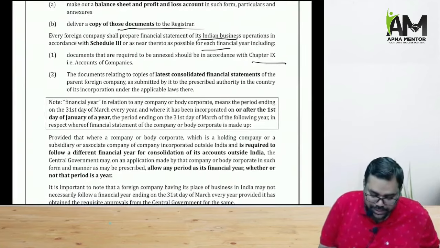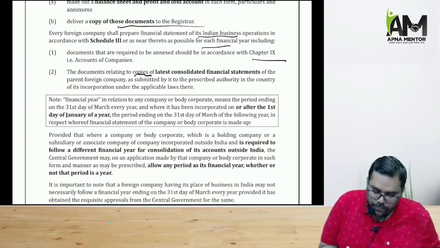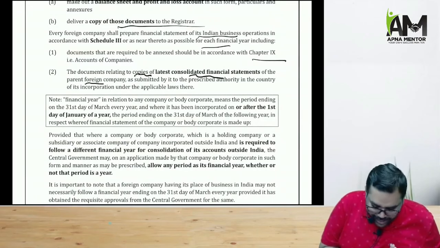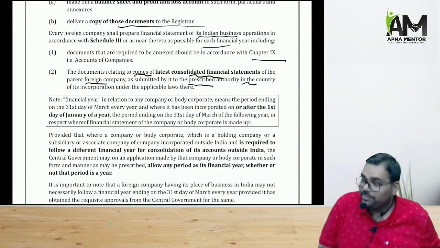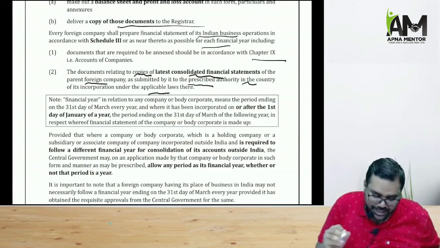And also submit us the documents relating to the copies of the latest consolidated financial statements of the parent foreign company as submitted by it to the prescribed authority in the country of incorporation under the laws applicable there.